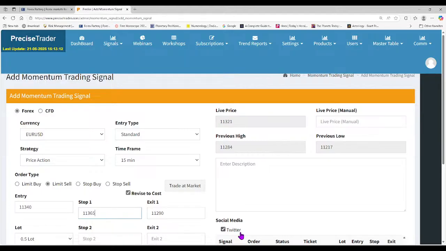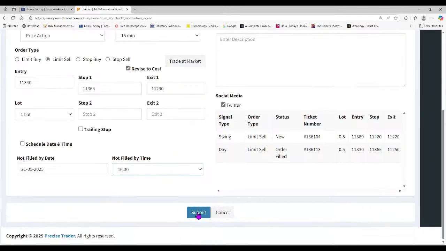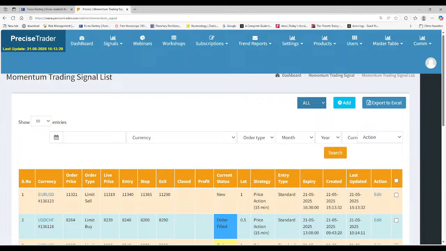The stop, we'll put a tight stop at 65, and this round we can go for one lot. The expiry for this, we can give until 4 or 4:30, that means another 1.5 hours. So let me key in this order as well.